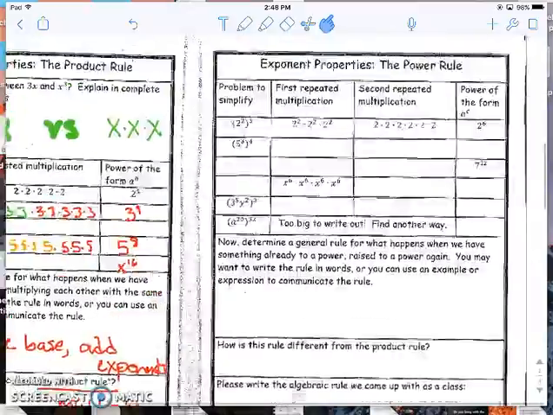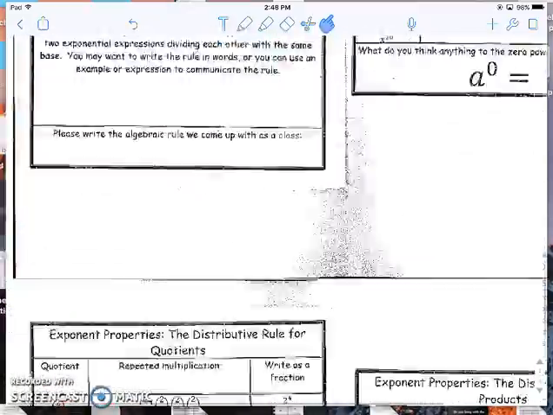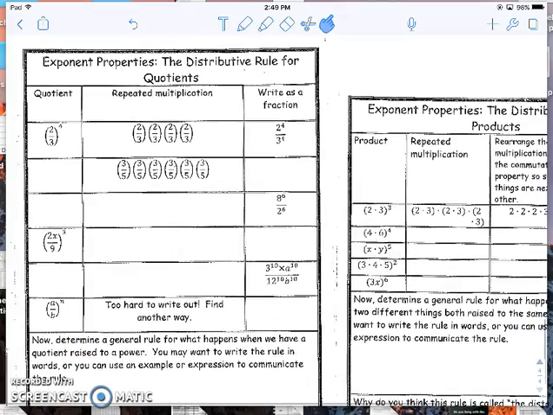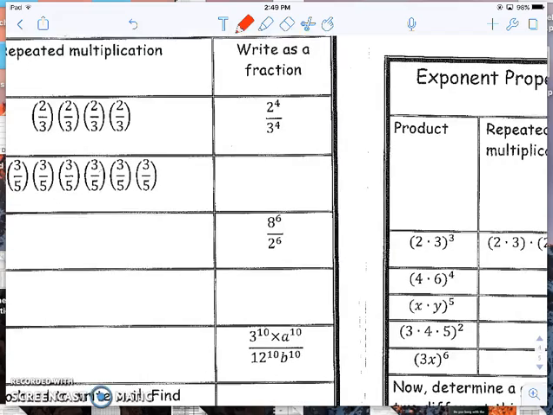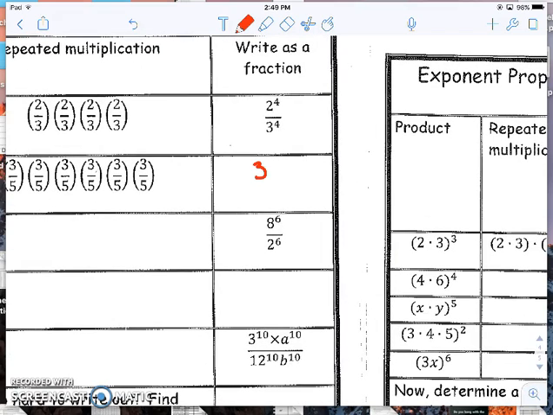So let's see if we can get to the next one in your book. It's the distributive rule for products. Again, if you go through and write these down, this would be 3 to the 5th, 1, 2, 3 to the 6th power. So we have 3 to the 6th over 5 to the 6th.